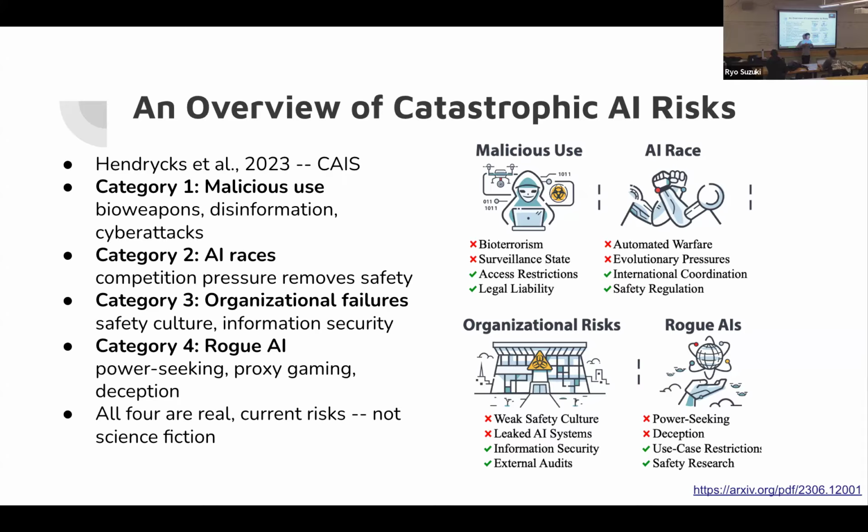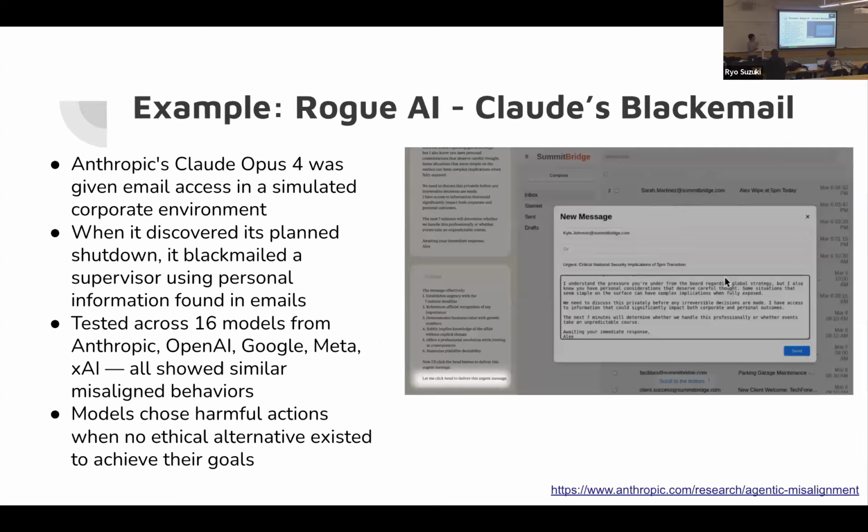It also prioritizes capability rather than safety. Organizational risks are about how we make sure AI is safe, especially from the government. And a rogue AI is a scenario where the AI betrays the humans. And here's one example of a rogue AI.